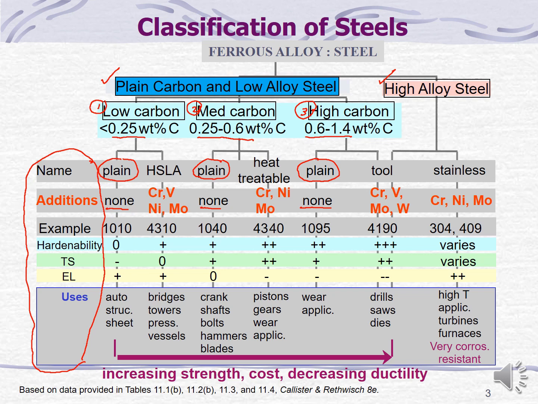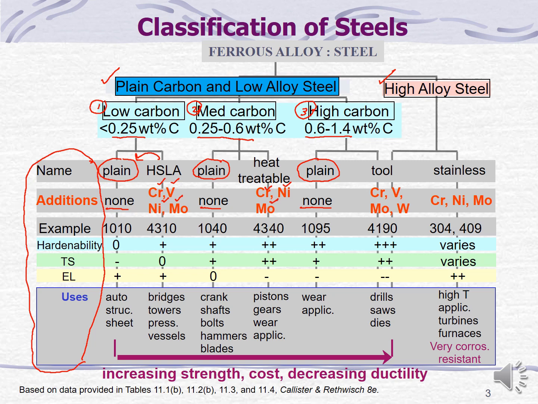Okay, and then for the high strength low alloy, there are some alloy elements added to the plain carbon steel. For this high strength low alloy, the alloy elements are chromium, vanadium, nickel, and molybdenum. For the heat treatable alloy under the medium carbon steel, the alloy elements are chromium, nickel, and molybdenum.